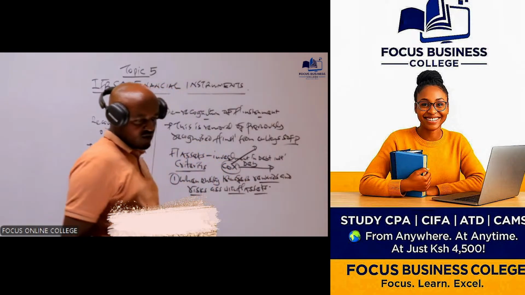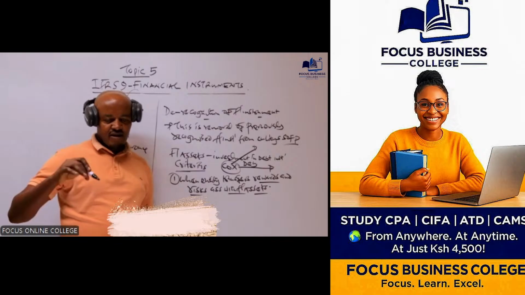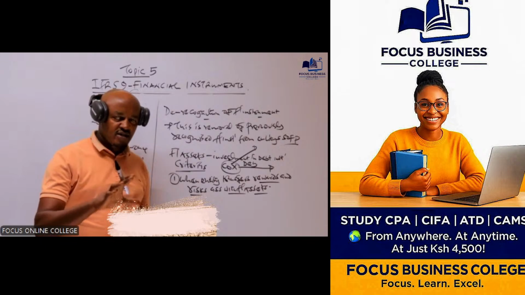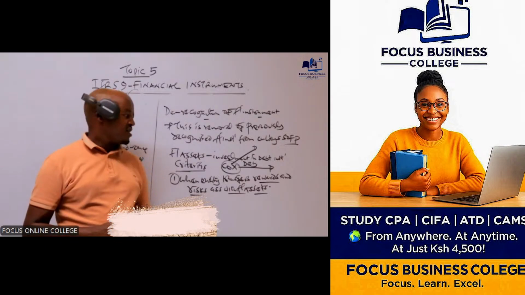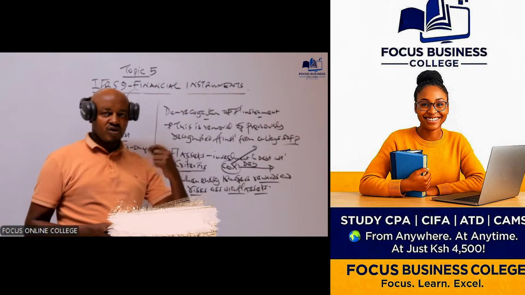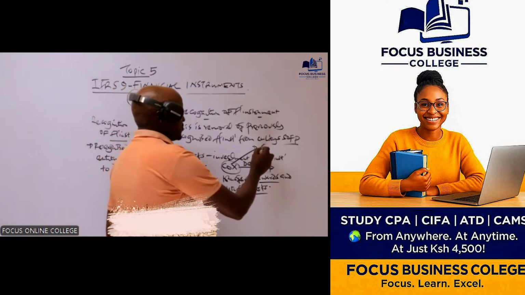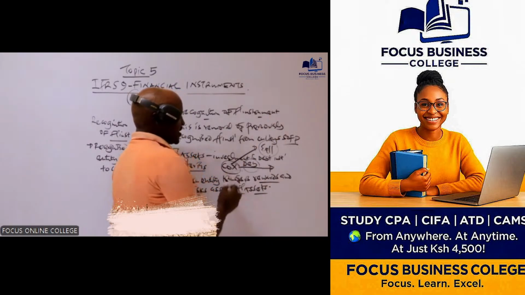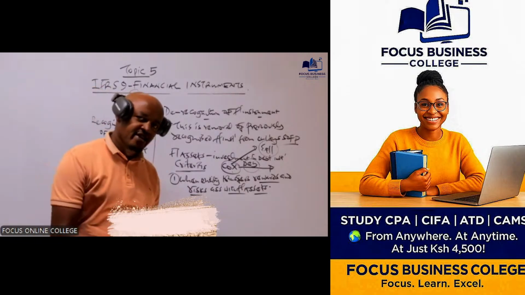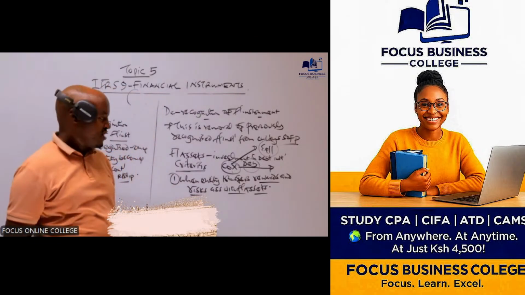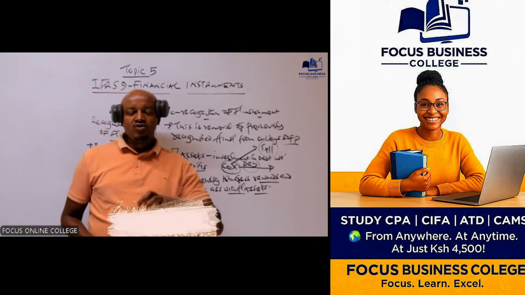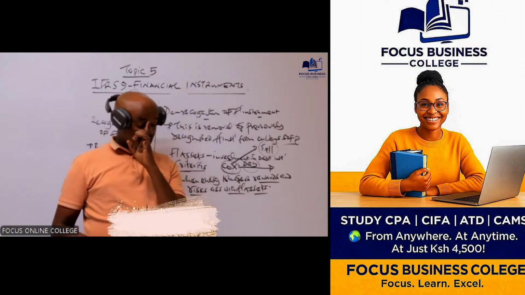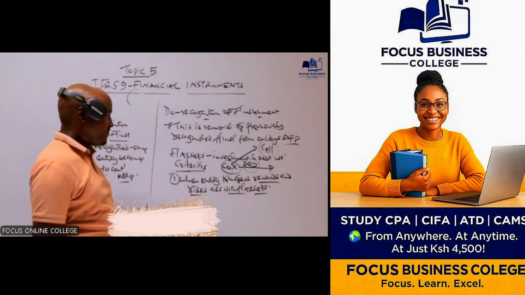Generally, anytime you have undertaken an investment, there are some rewards and some risks associated with that particular investment. But when can you transfer those rewards and risks? To transfer is basically when you sell. So once this company sells these particular debentures, then we say that the company has transferred the risks and rewards. It is obvious that once you have sold an asset, you cannot continue showing it in your balance sheet because it has already been sold. You have transferred the risks and rewards, so you derecognize, remove that asset from your balance sheet.